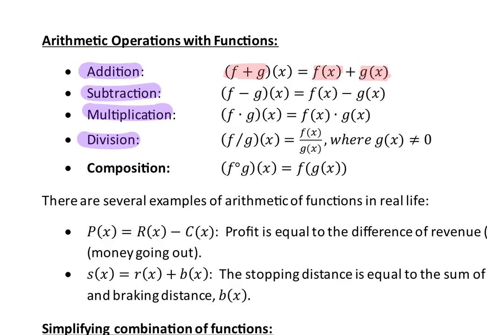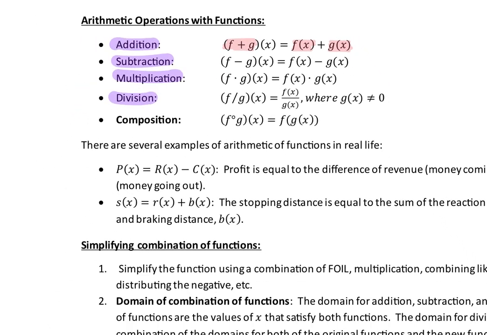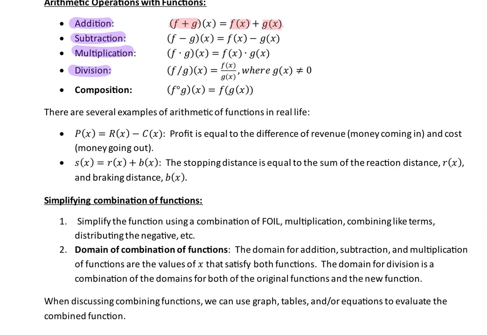Now, arithmetic of functions does occur in real life. And so just so you know, quite often, a lot of the times when I do things and I say, why do we do it? Because I can. That's true. But we do actually have real life applications. For instance, one of them is the profit function.